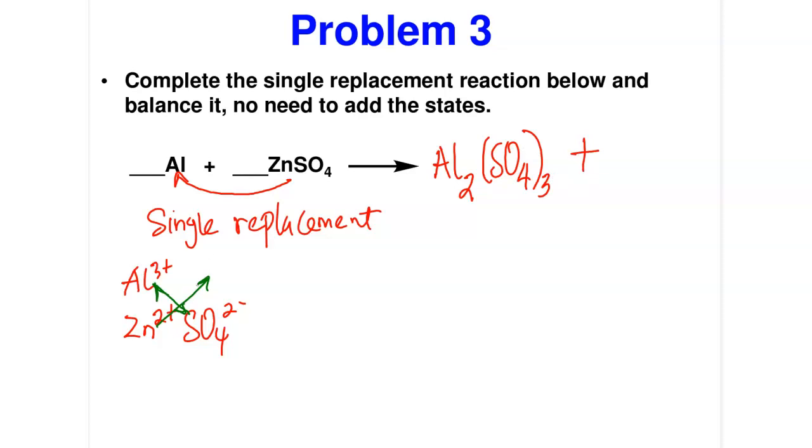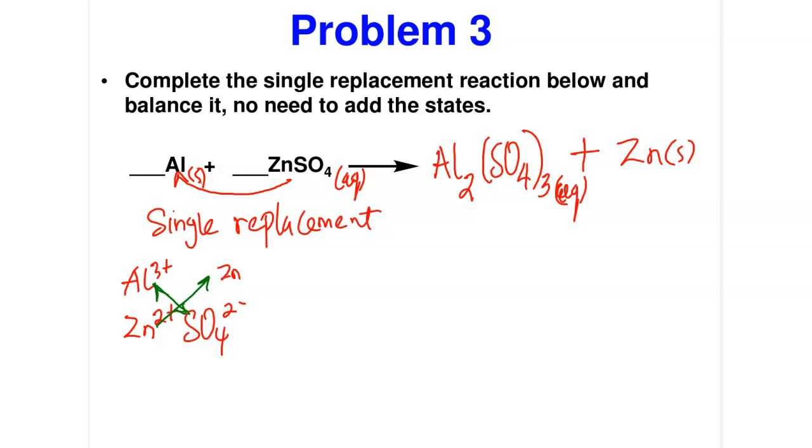Plus, the zinc has nobody to join with, so it's going to just go here and become zinc atom on its own. So it's going to be Zn solid. Of course, I didn't write the state. Don't bother about the state here. I didn't ask you to put the state, but I'm going to just put the state. The state here doesn't matter now. So this is the product of this reaction.